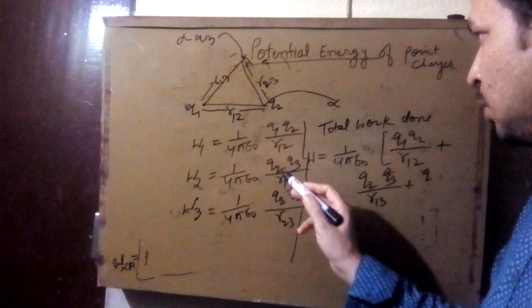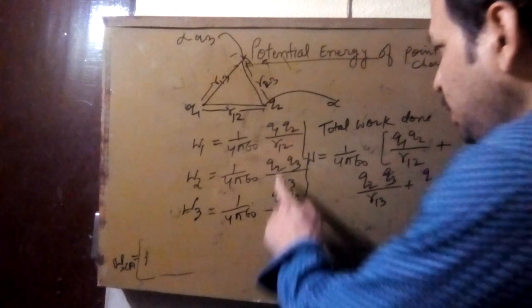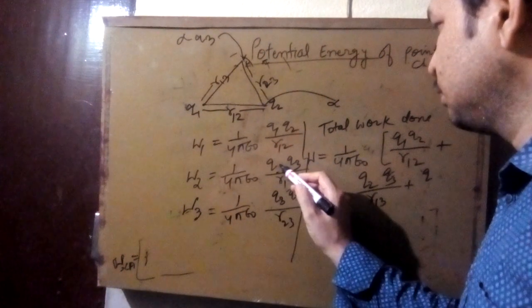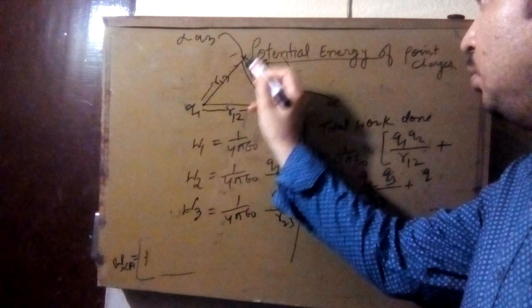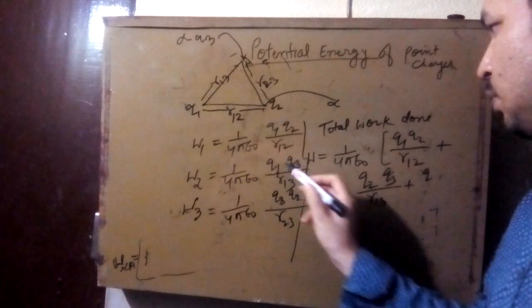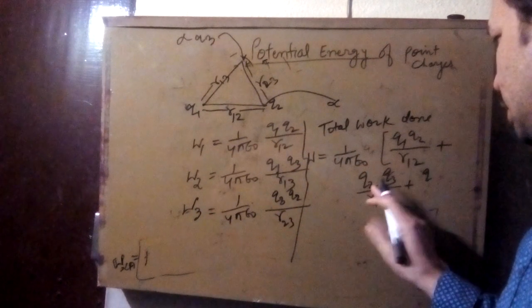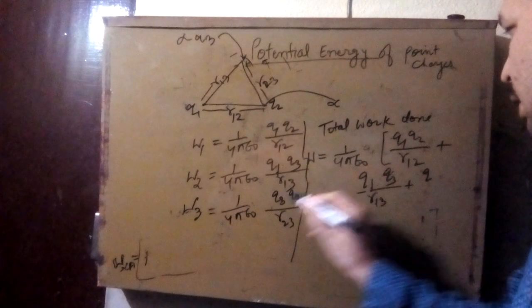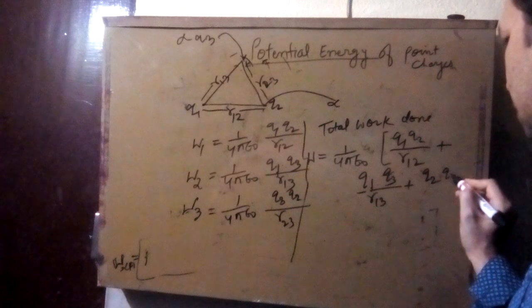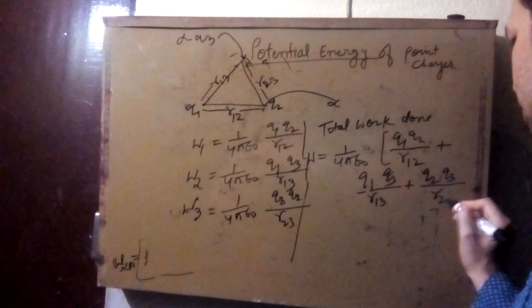Sorry, here it will be 1 3, because we are bringing Q3 against the electric field of Q1, so it is 1 3. And last, Q2 Q3 by R23.